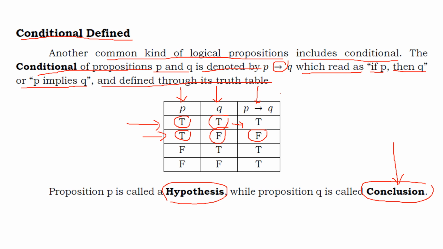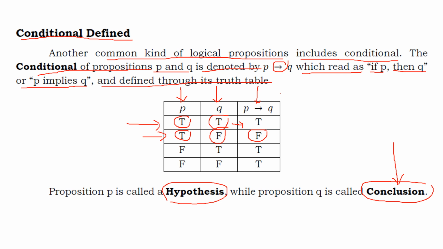If P is true and Q is false, automatically the conditional of propositions P and Q is false, because the truth value of this one, when we combine them using the conditional connector, will be dependent on the truth value of the conclusion.